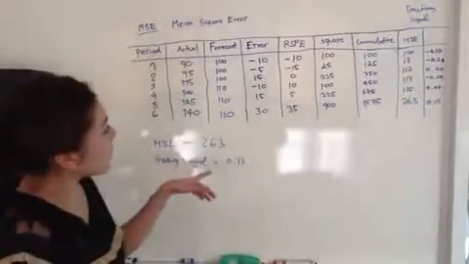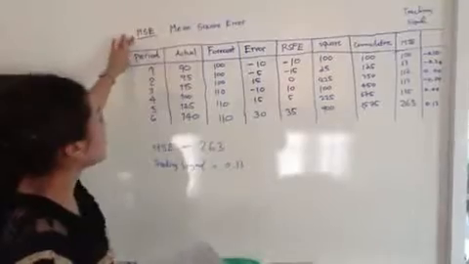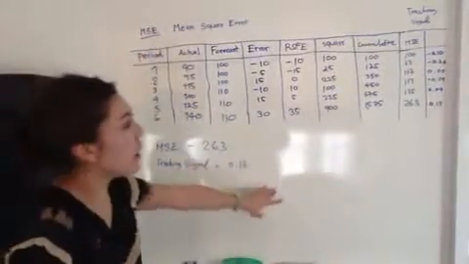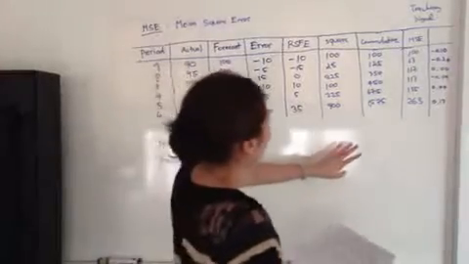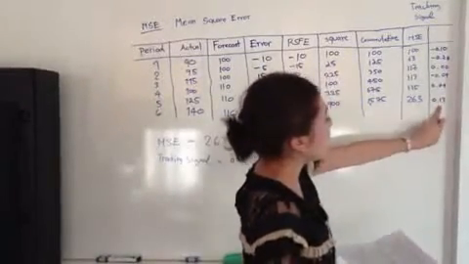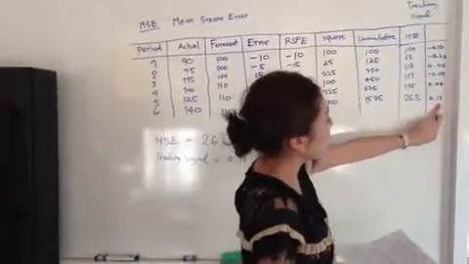As you can see from the table here, the way you identify whether this mean square error method is accurate or not is to look at the tracking signal. For the last period, the sixth period, the tracking signal is 0.13.